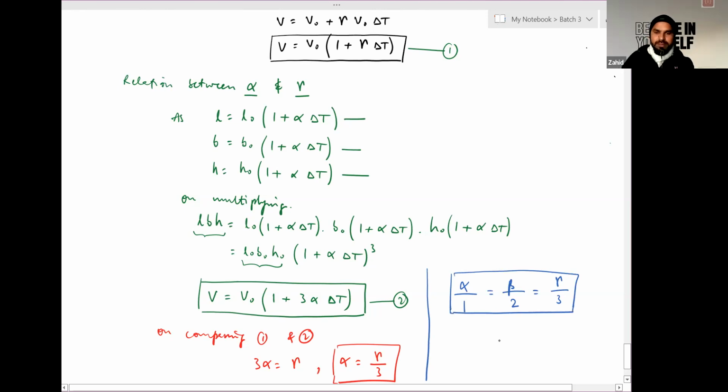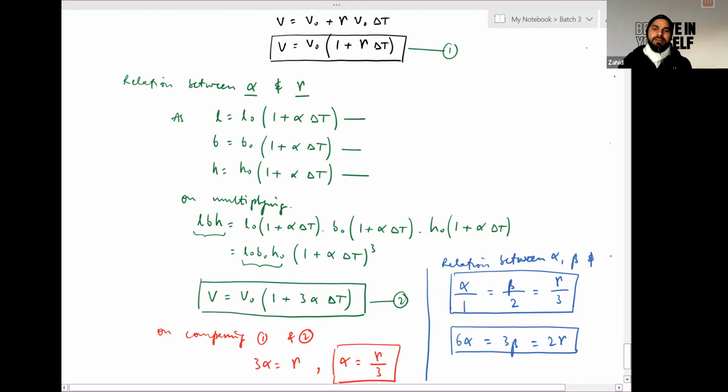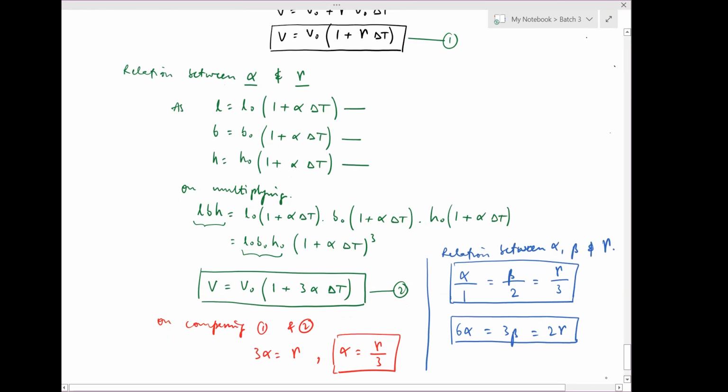We may write this another way: take the LCM of the denominators, which is 6, and multiply each part, so it becomes 6 alpha, 3 beta, and 2 gamma. So this is the relation between the three coefficients of expansion, alpha, beta, and gamma. Atif, any doubt? No, sir. Okay.